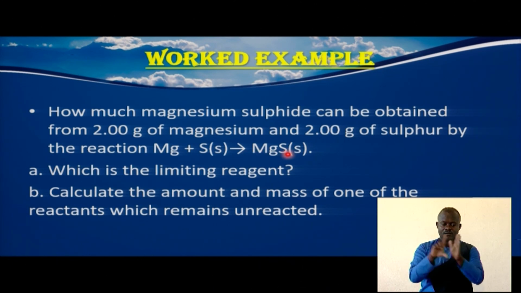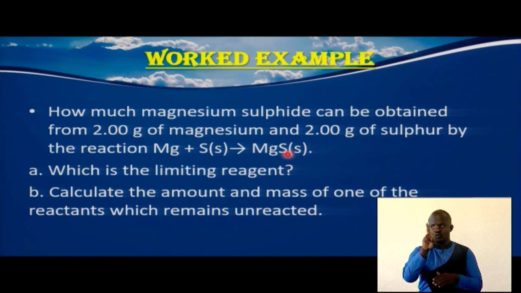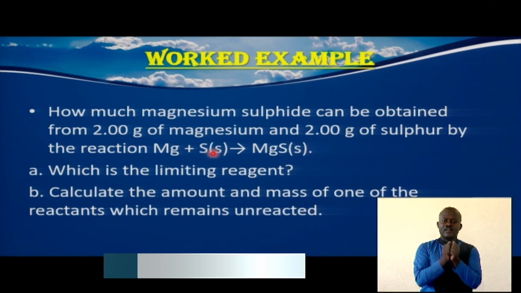In the sulfide compounds, we have S2- ions. So magnesium sulfide is MgS, produced when magnesium reacts with sulfur. So how much magnesium sulfide can be obtained from 2 grams of magnesium and 2 grams of sulfur by this reaction?